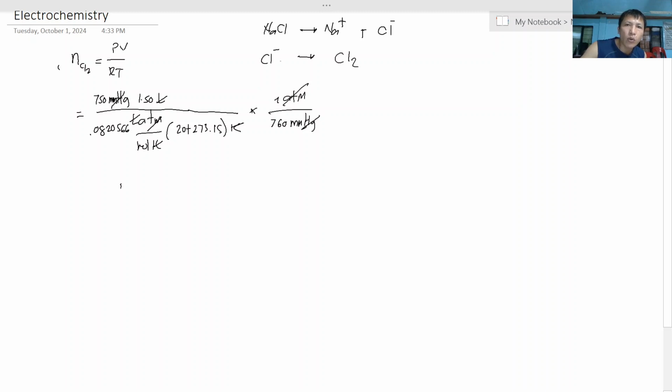You need two of these, and the electrons needed would be two. Sorry, 2 moles of electrons would be needed here as you produce chlorine gas.